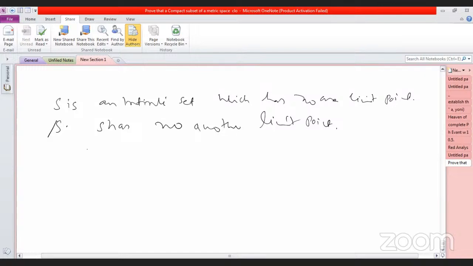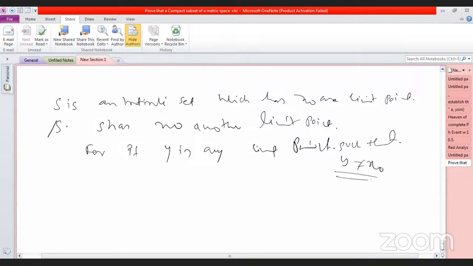Here, if y is any limit point such that y is not equal to x naught, since if y equals x naught it is the same point, therefore y not equal to x naught.